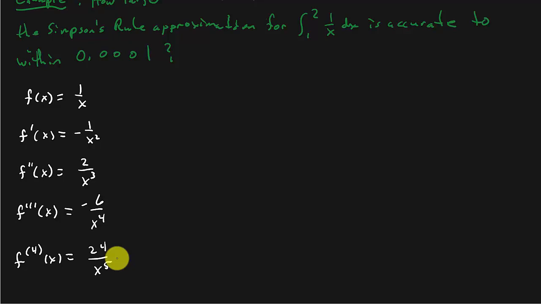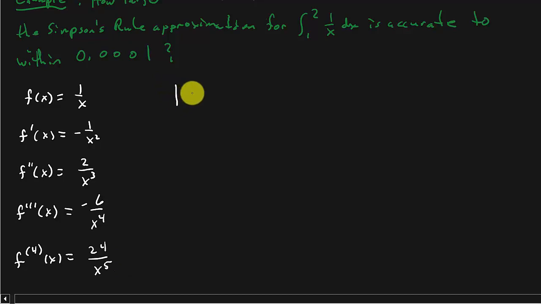So we need to figure out what k is. How do we go about doing that? Well, I've got the absolute value of the fourth derivative, which equals the absolute value of 24 over x to the fifth.